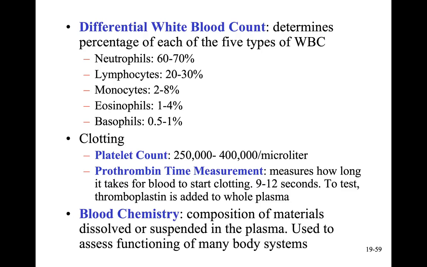So by looking at the differentials, we can have a rough general inclination whether your illness is caused by bacterium or virus. And now we can give you some kind of medication to hopefully decrease the span of your illness. With bacterium, I'll see increased neutrophils and an increased total white blood cell count.